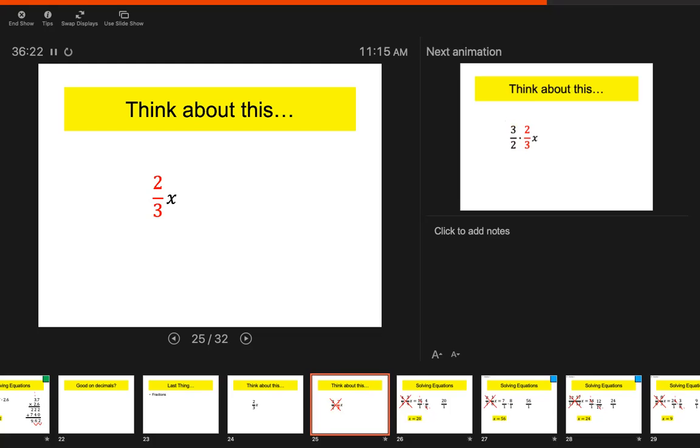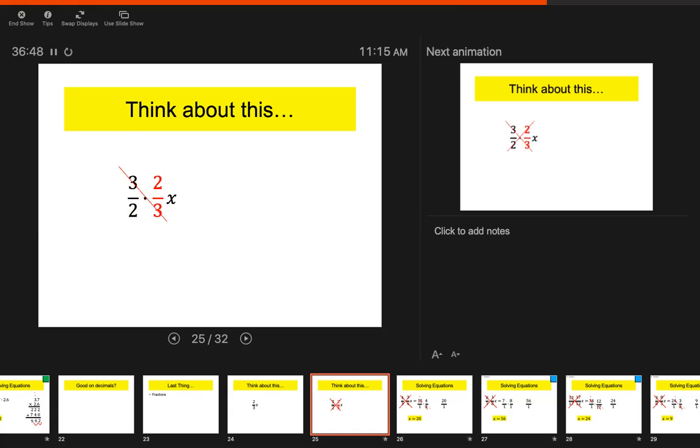If you have a variable with a fraction, not a decimal, attached to it, you take that fraction and flip it. That's what you multiply by to make it go away. Guess what you really just did? You just did division. When you divide with a fraction, that's the same as copy, dot, flip.